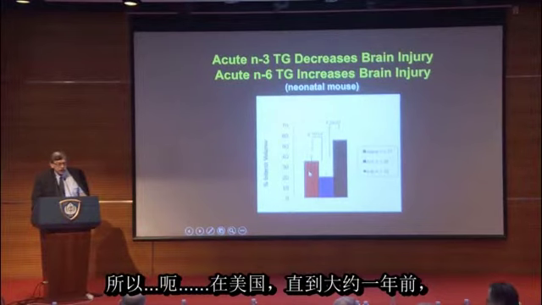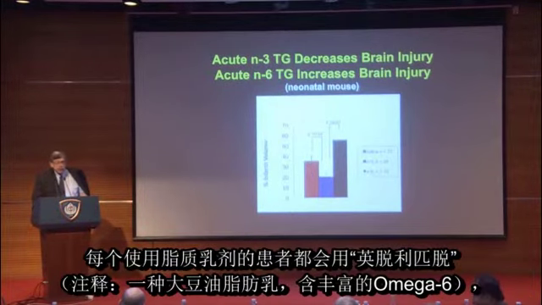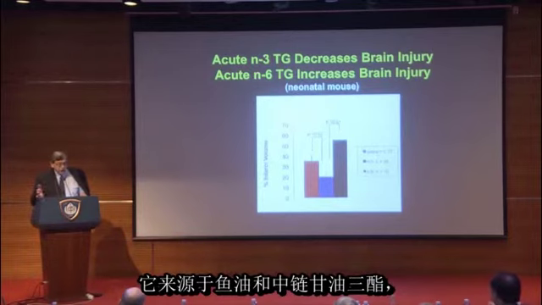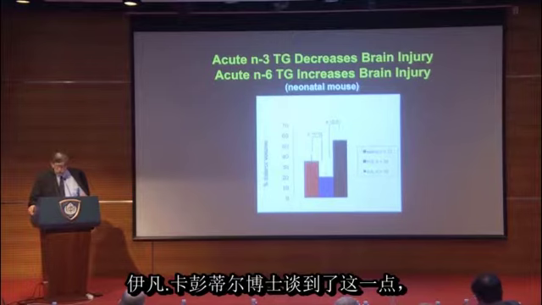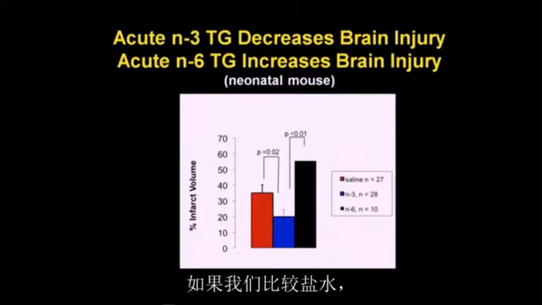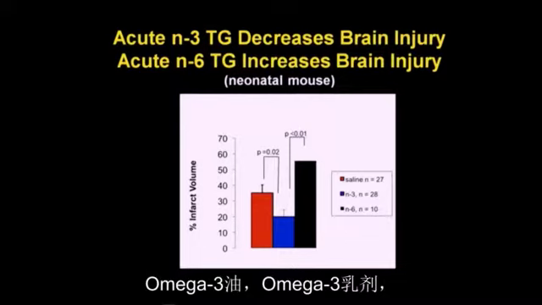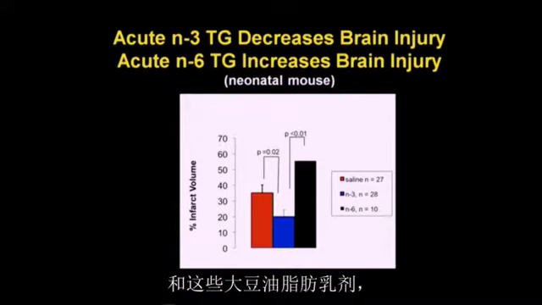In the United States, until about a year ago, every patient who got lipid emulsions got Intralipid, and now there's another one that's come out with fish oil and medium chain triglyceride, which Dr. Carpentier talked about. But look what happens if we compare saline, omega-3 oil emulsions, or this is Intralipid.